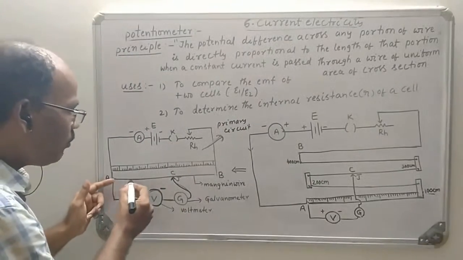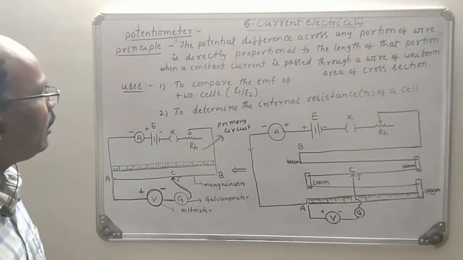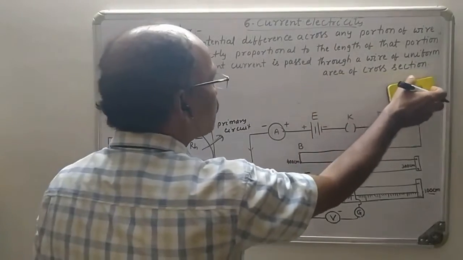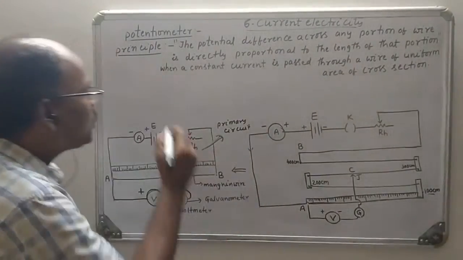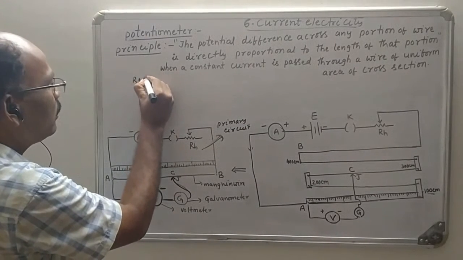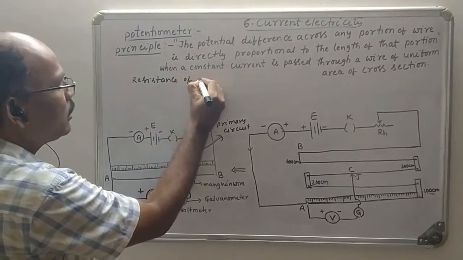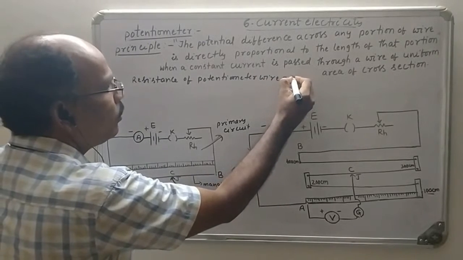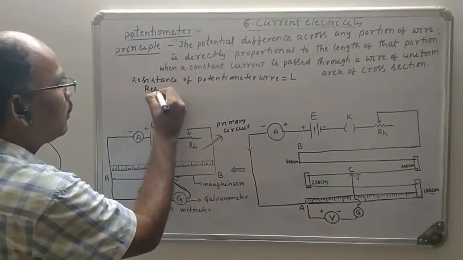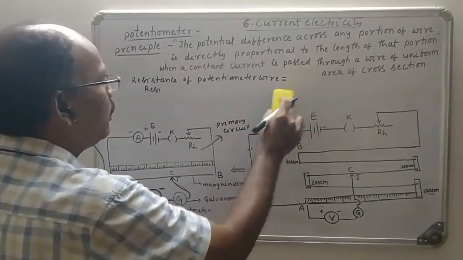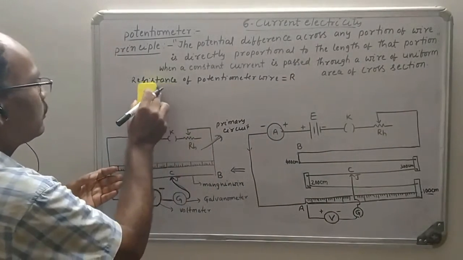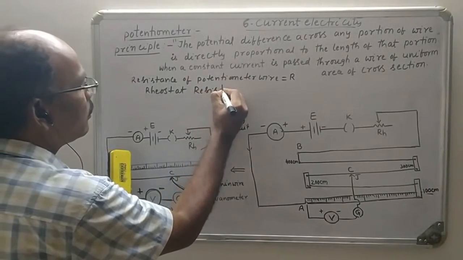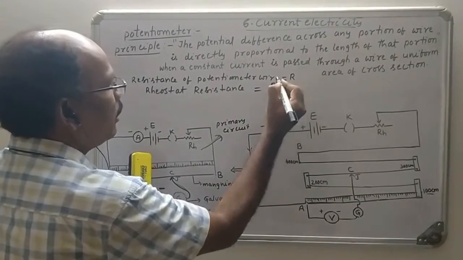Let us say the potentiometer wire has a length L. Coming to the principle of the potentiometer wire, the resistance of the potentiometer wire is capital R, and the rheostat resistance is RH.